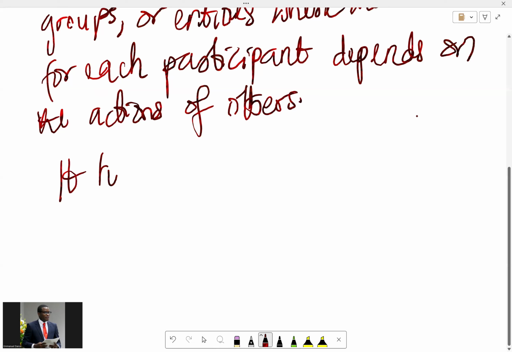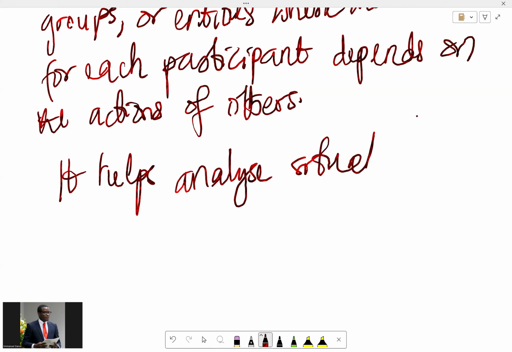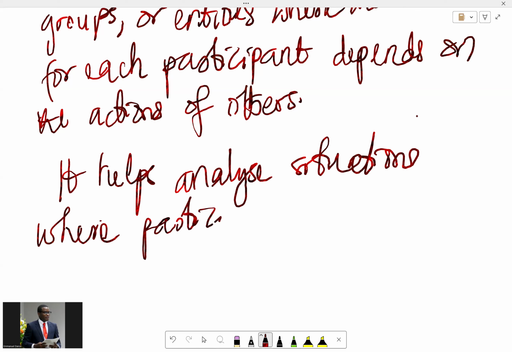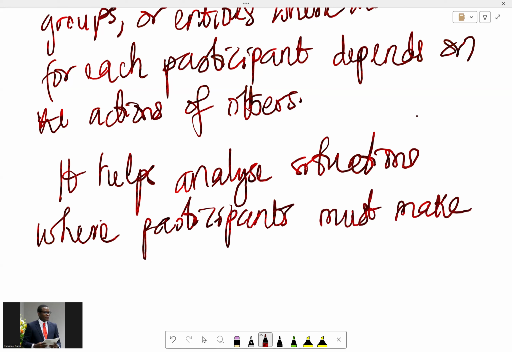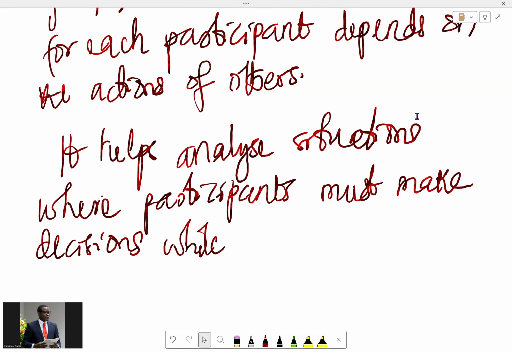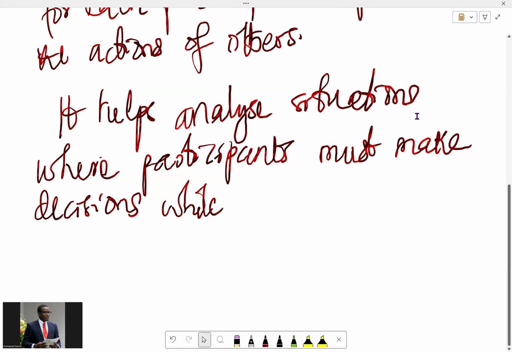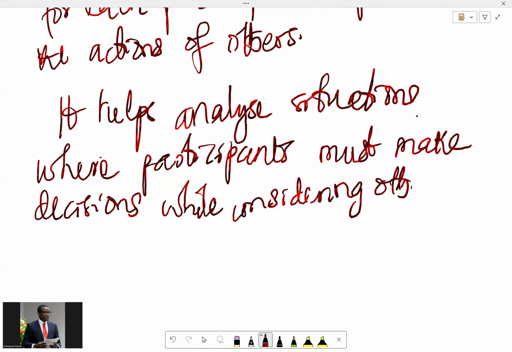So game theory helps analyze situations where participants must make decisions while considering others' potential choices.